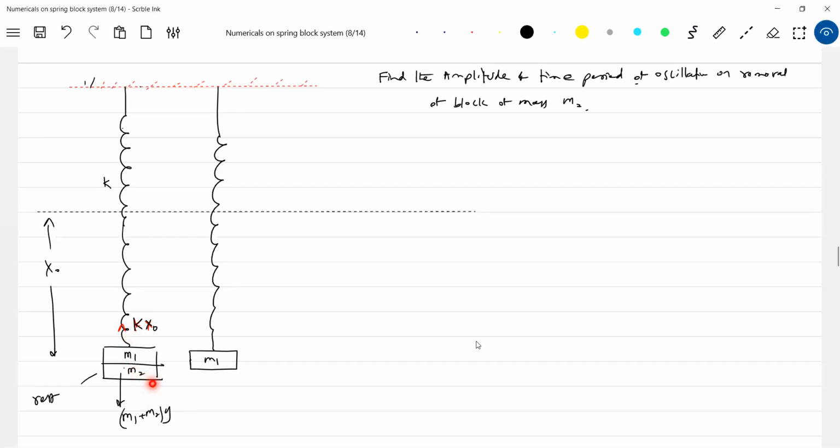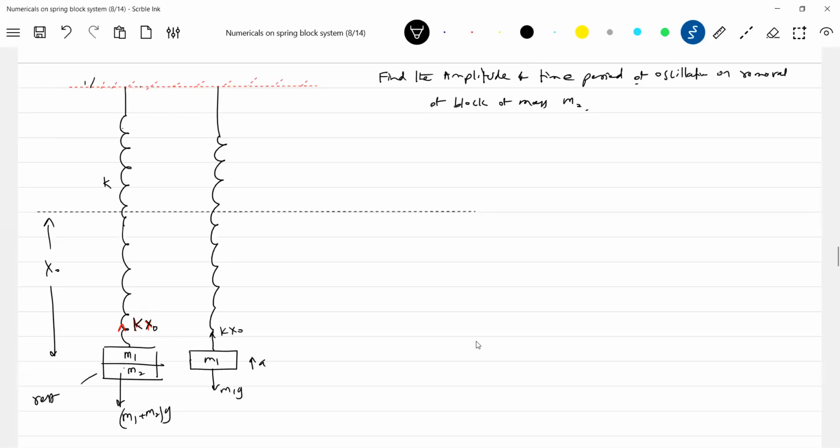Now, when I remove this block m2, how much spring force will act? Spring force will not change suddenly. Do you all agree? So kx naught is equal to (m1 plus m2)g. Is kx naught greater than m1g? Yes, it is. So it starts accelerating. It will start moving up.